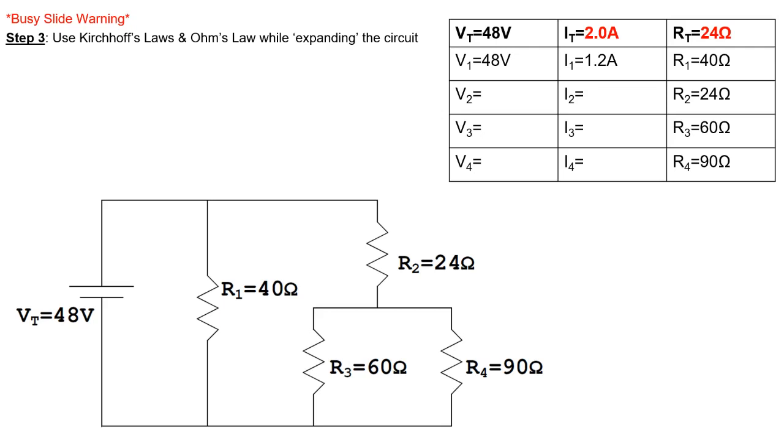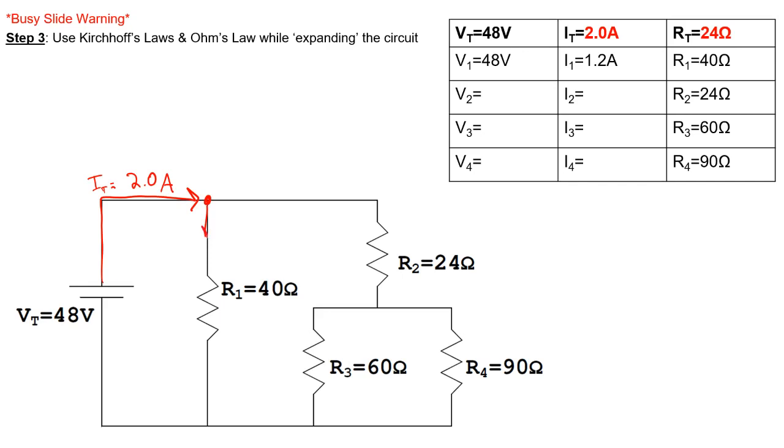Okay, so our next step here is I'm just going to draw a couple things on here. I'm going to draw my current going into this junction point as 2.0 amps. That is our total current for this circuit.